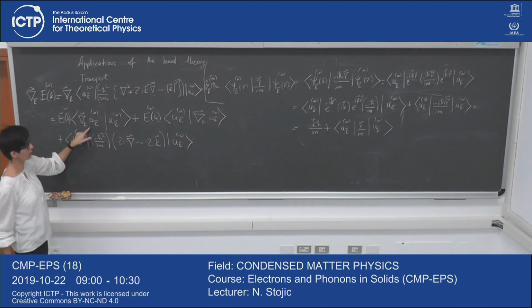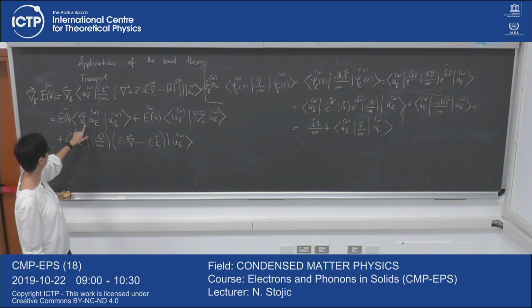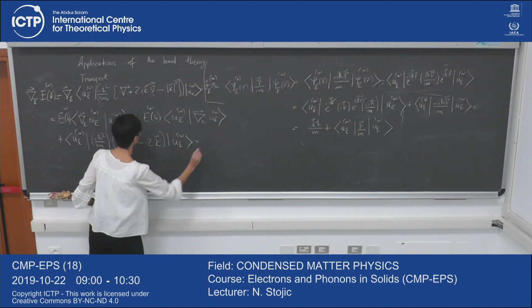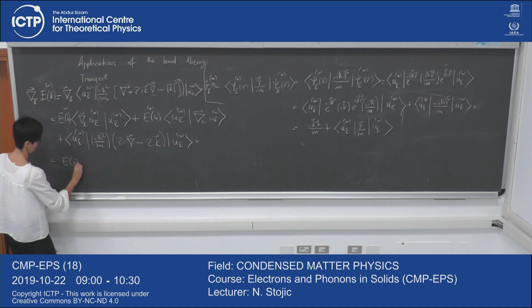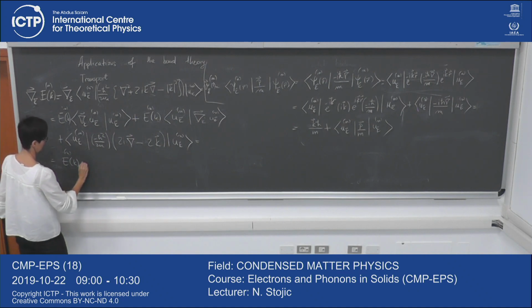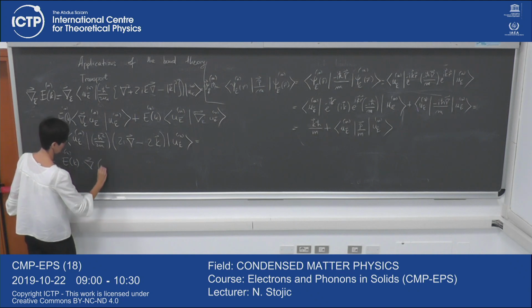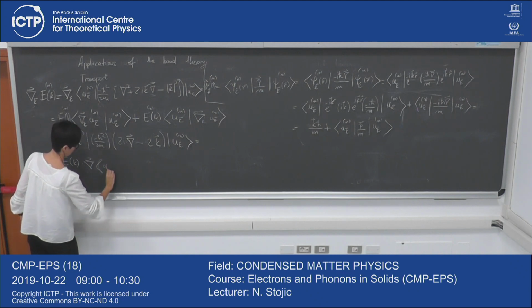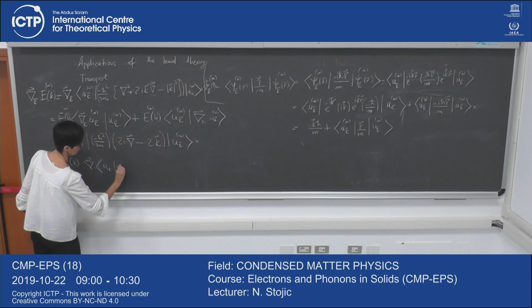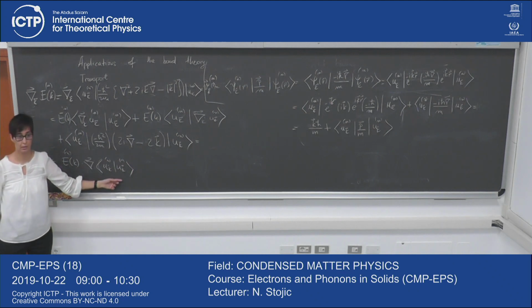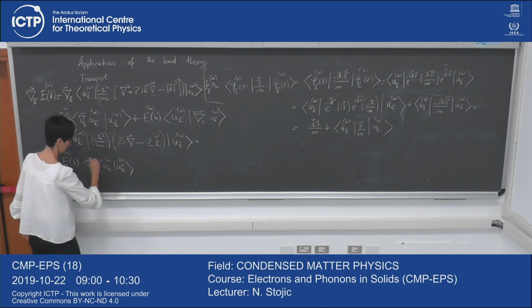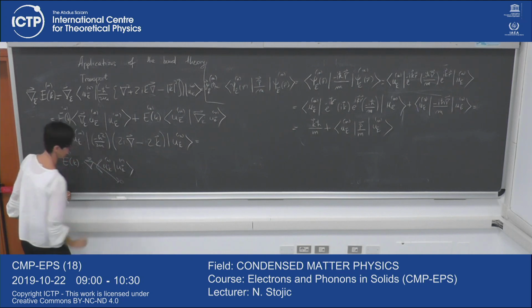Let's analyze this first part. I can write the first part as E of k times the gradient of the norm. But this is a constant, so this is 0.